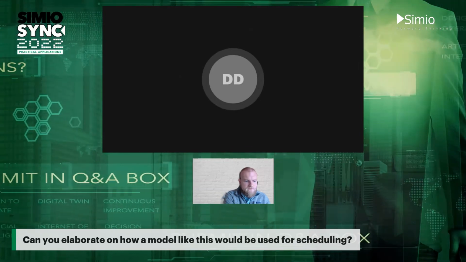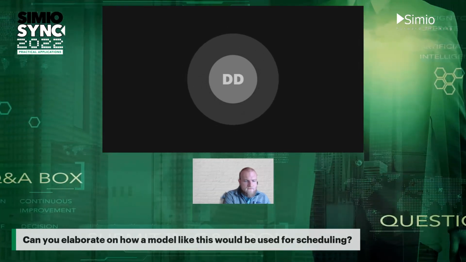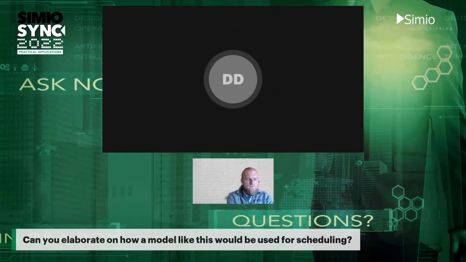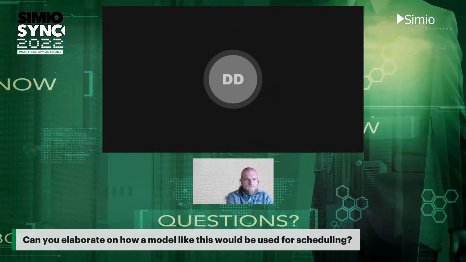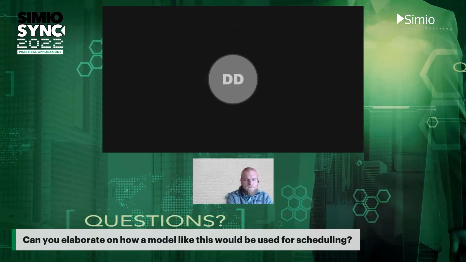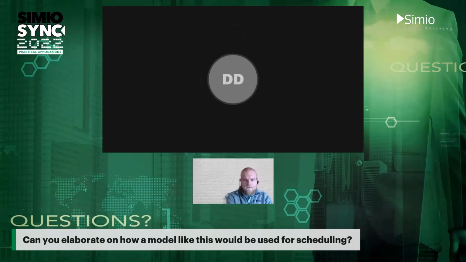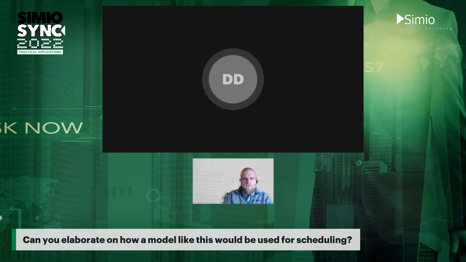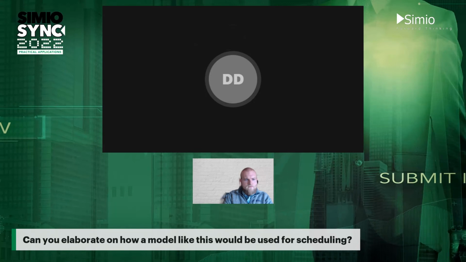So a couple of different use cases. For example, because this is a digital twin, we are connected to the system in real time, right? We're importing data from the system as the system is working. So now we can get updated inventory information. If you have any critical materials that you're keeping track of, or because of supply chain issues certain components are not going to arrive in time, then you can use a model like this.